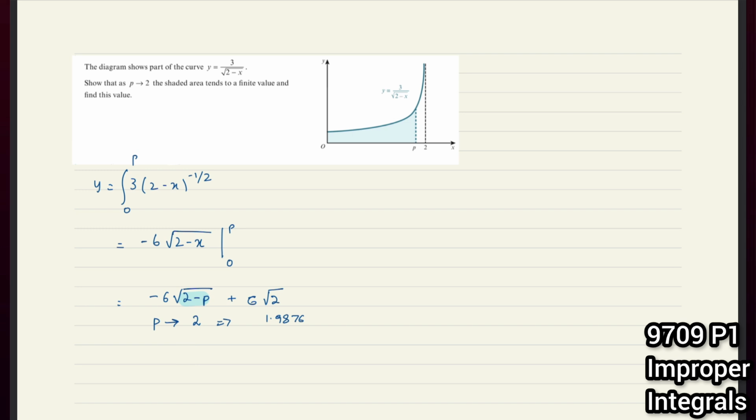So 2 minus p will approach 0. So this term becomes 0. 0 plus 6 root 2. Our answer here is 6 root 2. So as p approaches 2, the shaded area tends to a finite value. That finite value will be 6 root 2, or approximately, if we put it in the calculator, 8.49.